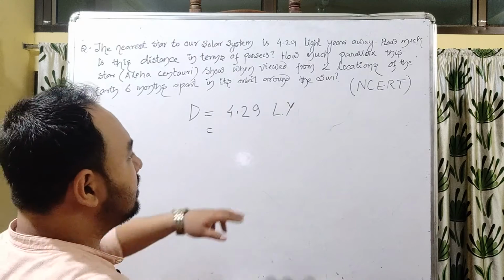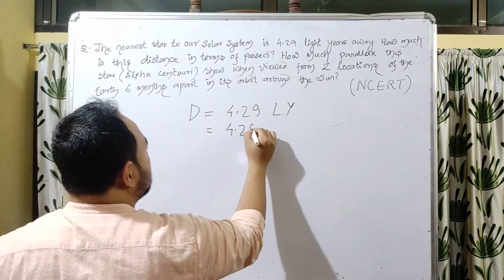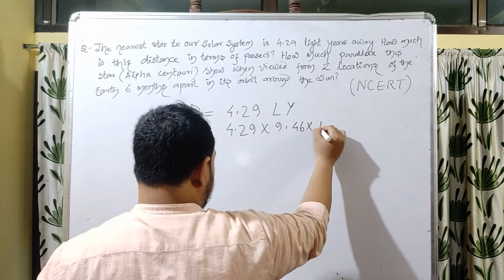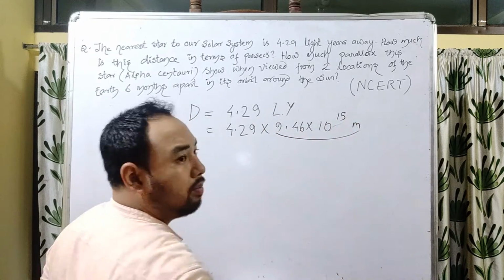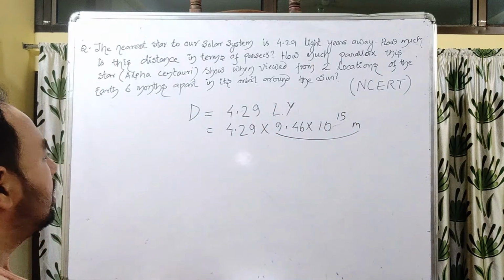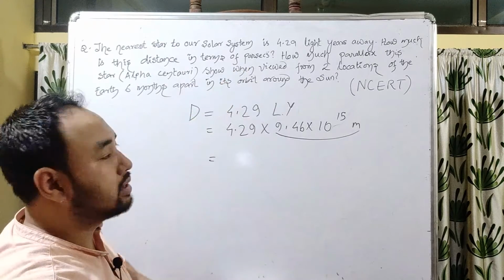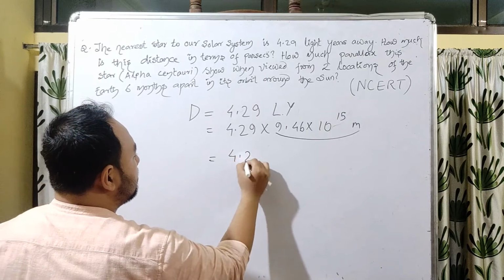Okay, so we have to convert this light year into meter first, which is 9.46 into 10 to the power 15 meter. This is the value of 1 light year. Now, in order to convert it into parsec, we have to divide it by the value of 1 parsec.